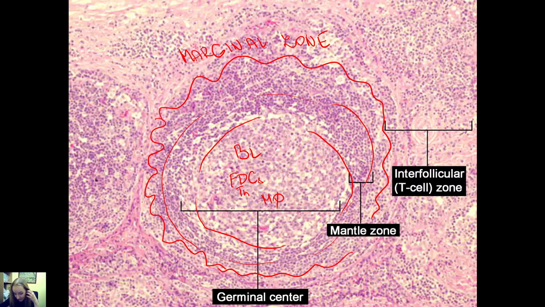So what is the result of this is that the B lymphocyte will go to this lymphatic follicle, and the result of this process is the plasma cell. Plasma cell is here, which is producing antibodies.